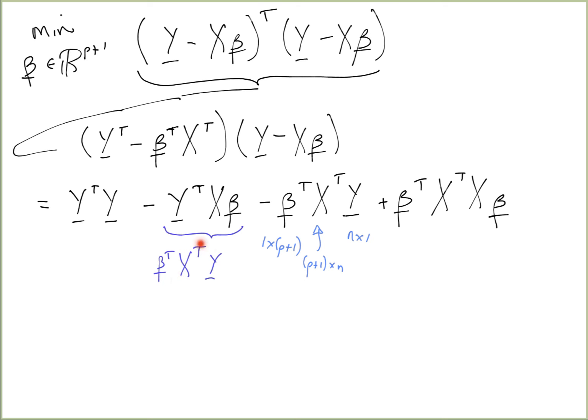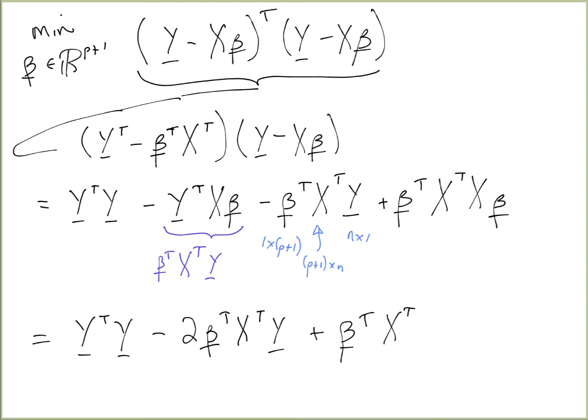And we see that this term and this term are in fact the same. This becomes, thus, Y transpose Y minus 2 beta transpose X transpose Y plus beta transpose X transpose X beta.